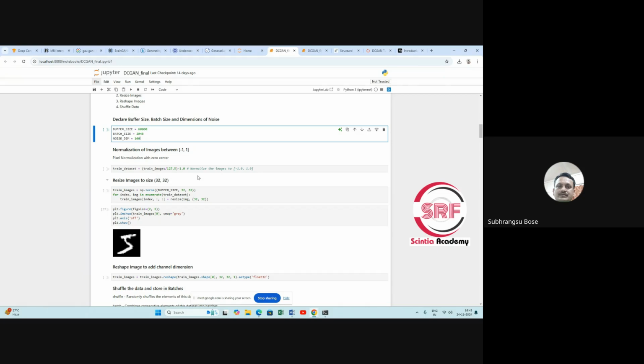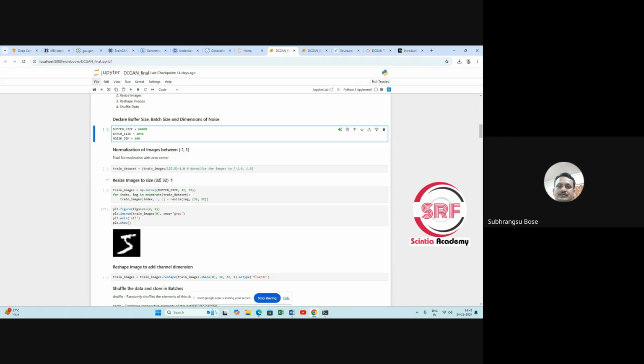How? The train dataset equals train images divided by 127.5, minus 1. What is 127.5? 127.5 is half of 255, since pixels range from 0 to 255. That's the range of all images. 127.5 maps to 0, 255 maps to +1, and 0 maps to -1.